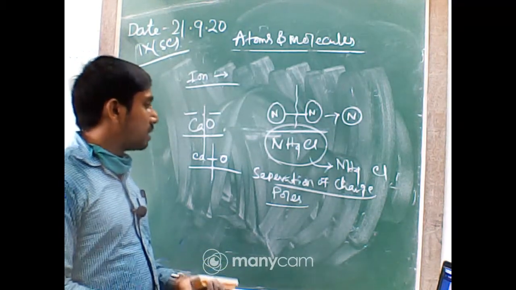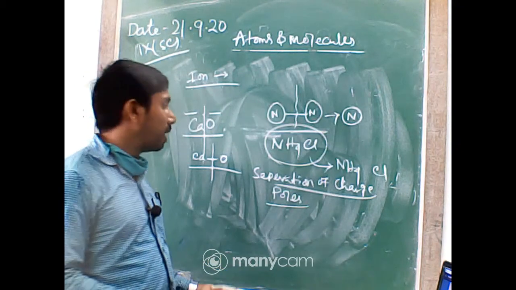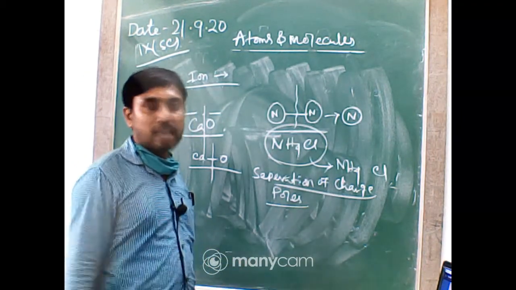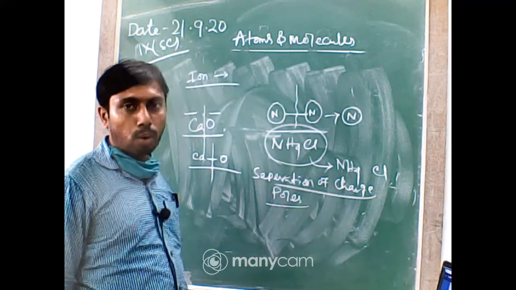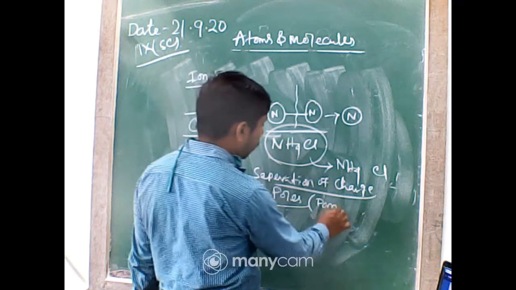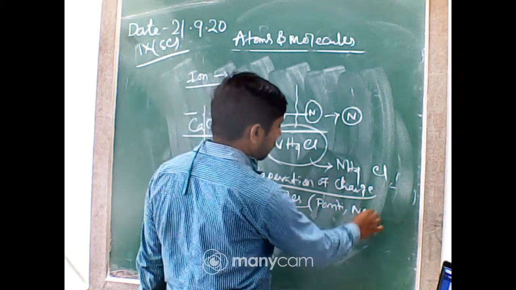So when the bond breaks, there is a separation of charge between the subparts and it creates poles, and we know the poles are of two types, one positive pole, another negative pole.